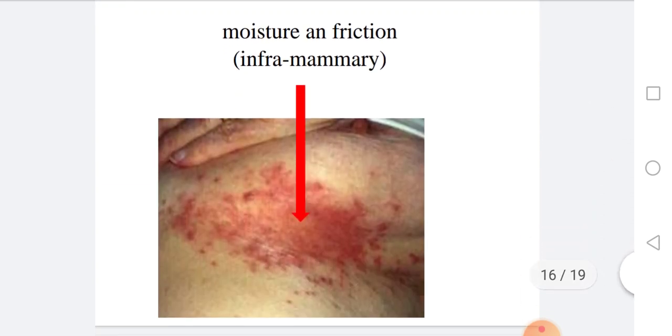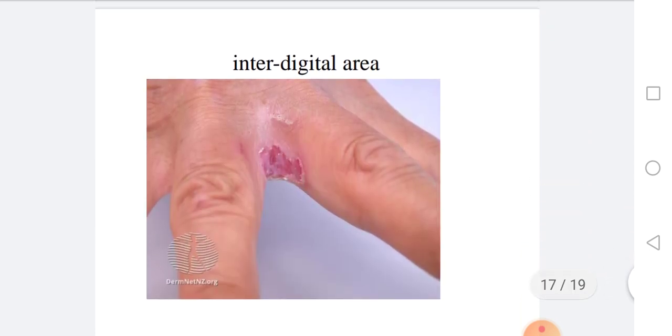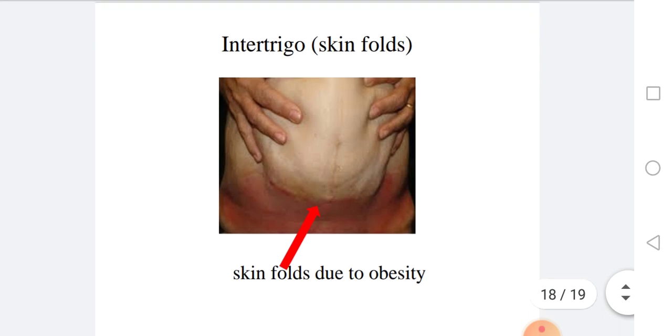The inframammary area, here you see the reddish area where the red arrow is pointing, this is the inframammary area with red lesion, and this is common among women with pendulous breast. Interdigital area, here you see the lesion. This is an acquired skin fold. The infection is due to obesity.